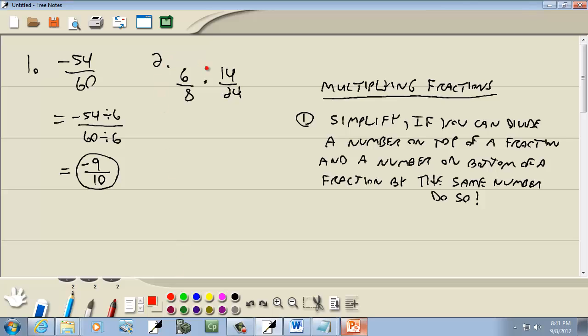Now they can be in the same fraction or they can be in different fractions. It doesn't matter, just as long as one's on top and one's on the bottom.